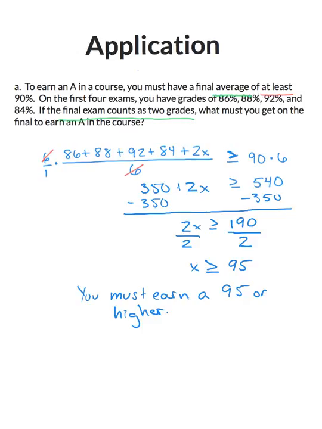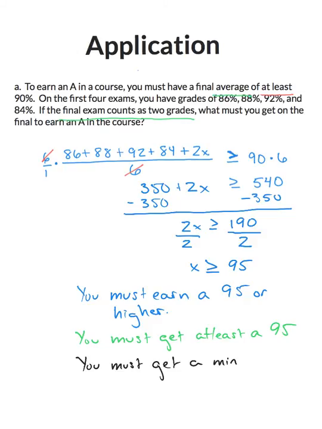Another one that you can say is you must get at least a 95. Or you must get a minimum of 95. And of course there are some other phrases that you can use, but these are the most likely ones that you will see.